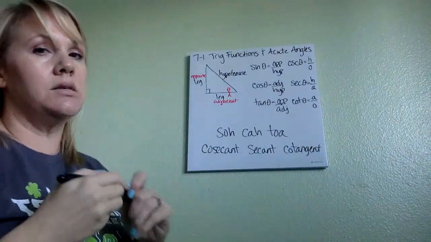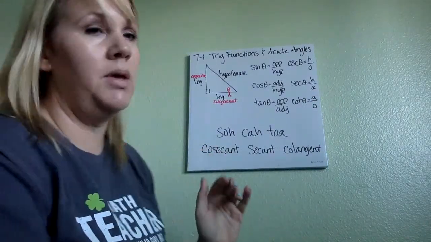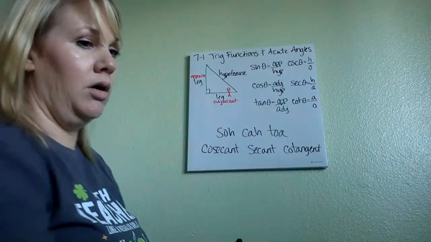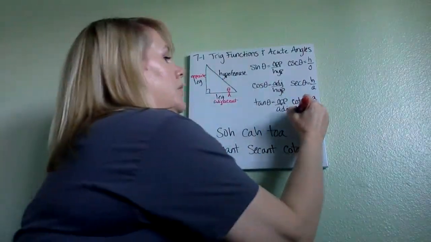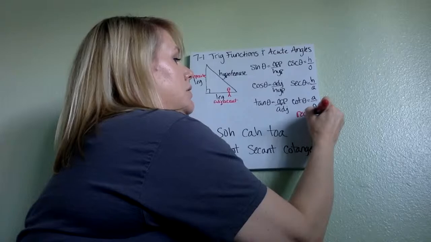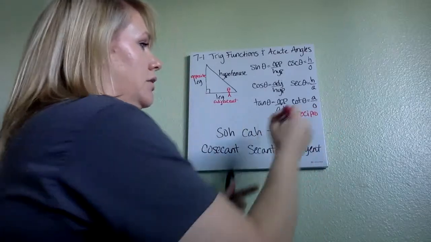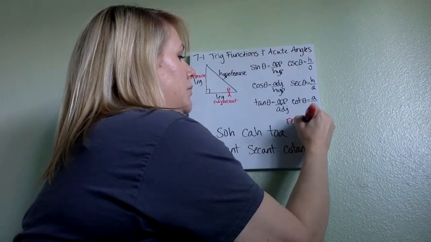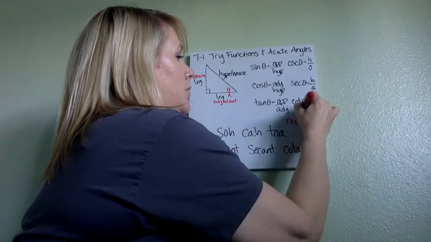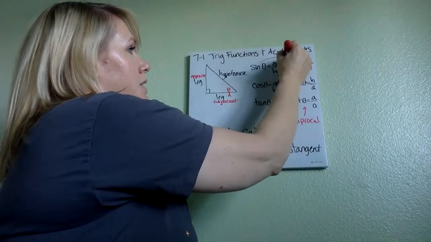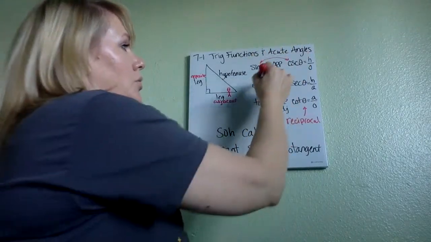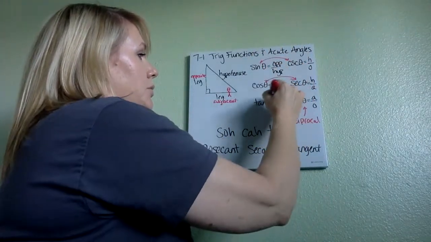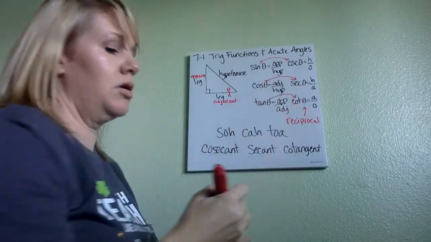So those are the 6 trig functions all together, all 6 of them. These 3 are what we call the reciprocal functions. That's not going to fit there. Let me erase that. So the sine and the cosecant are reciprocals. The cosine and the secant are reciprocals. The tangent and the cotangent are reciprocals.